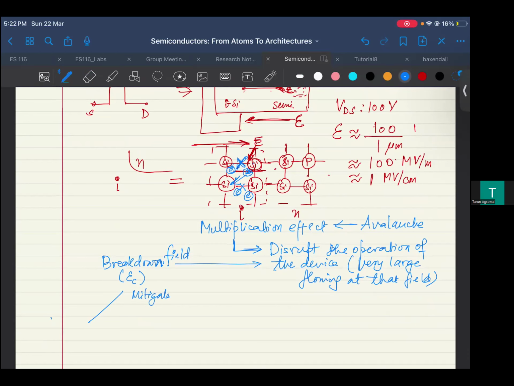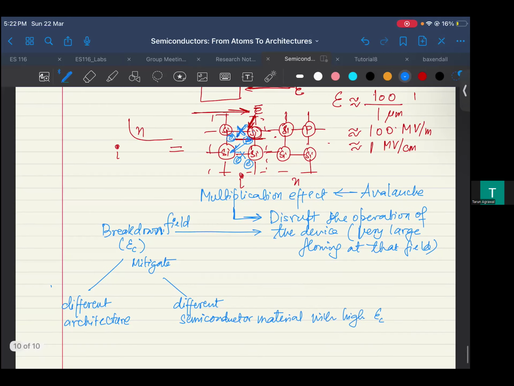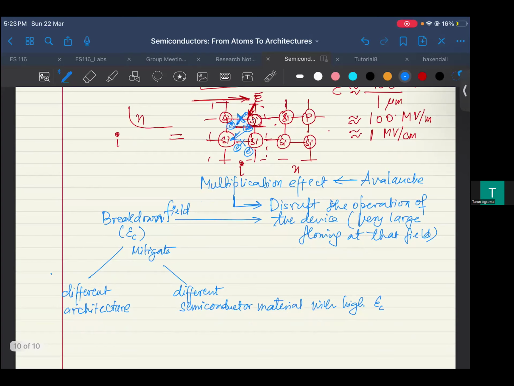You may choose to go for different architectures, or you may choose a different semiconductor material with high EC, right? So with a higher critical electric field, even if the field reaches very high, I don't have this broken bond.